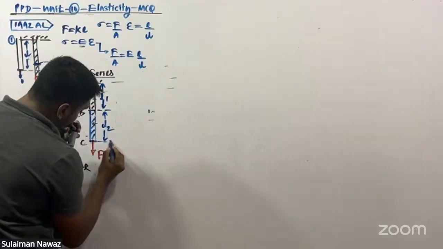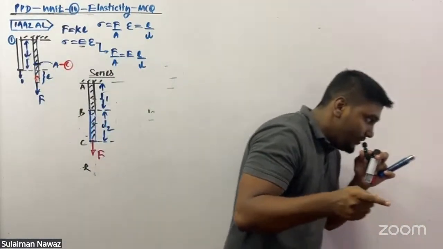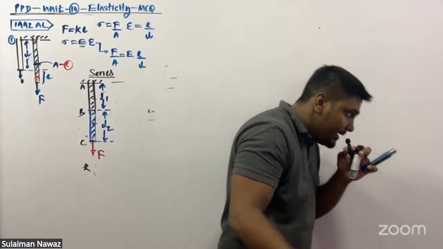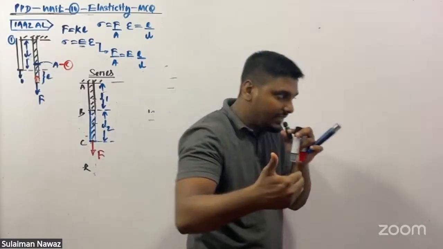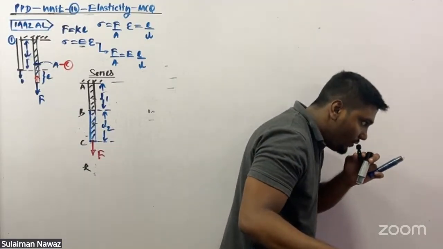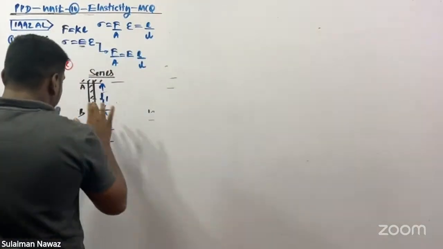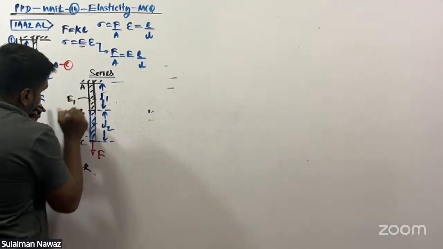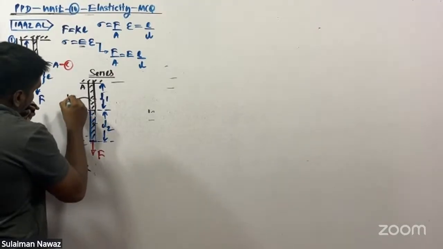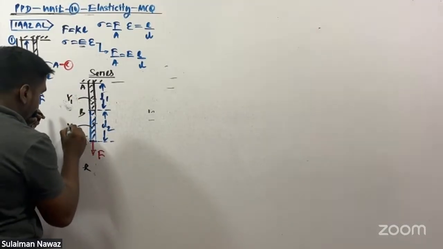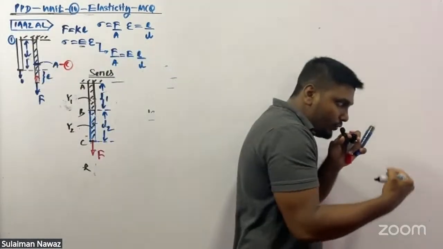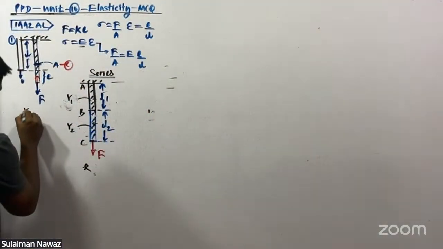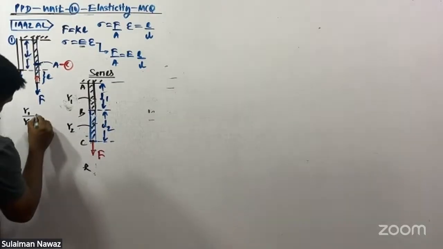The combined rod is subjected to a fixed stretching force F as shown in the figure. Both rods have identical cross-sectional area, capital A. Young's modulus of rod AB is Y1, and Young's modulus of rod BC is Y2. They have given the Y1 to Y2 ratio as 2 to 3.